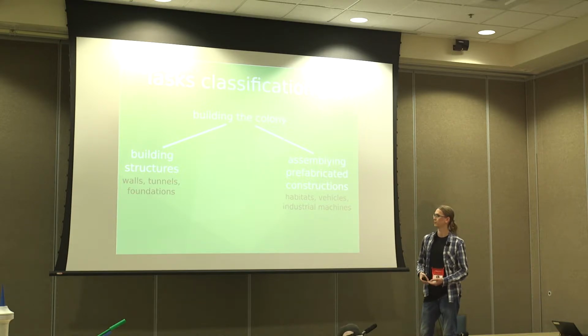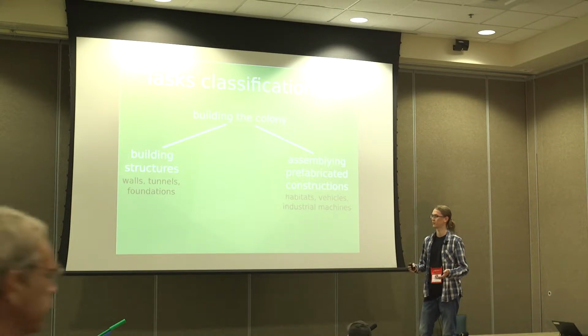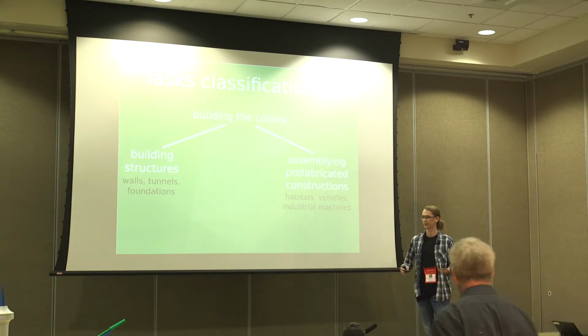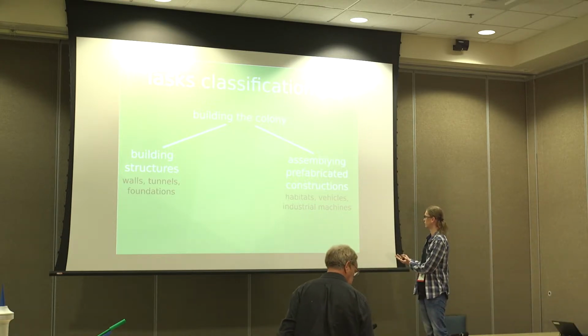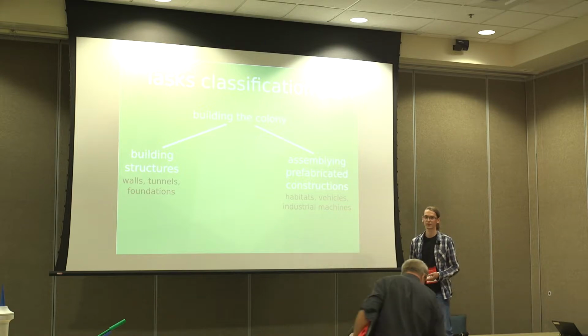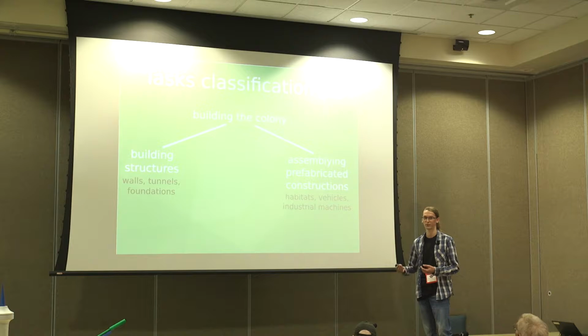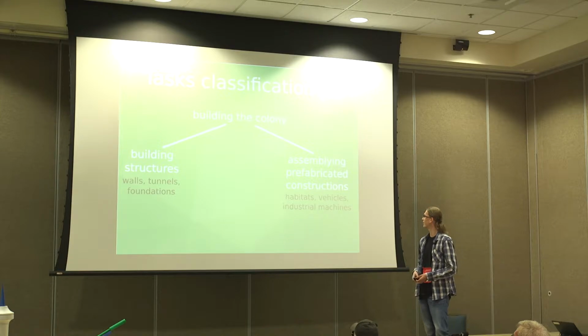We would have to build structures like walls to protect against sandstorms, or maybe caves for special kinds of buildings. The next main group will be assembling prefabricated constructions, because we would want to save space on our spaceships, whether these are rockets or other inventions.